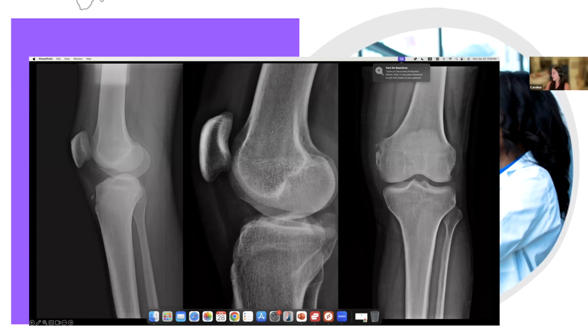This is another example of a fragment in the posterior aspect of the intercondylar region. This is a PCL injury, and in here we have this avulsion injury from the medial collateral ligament complex.